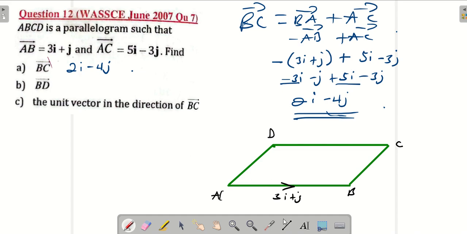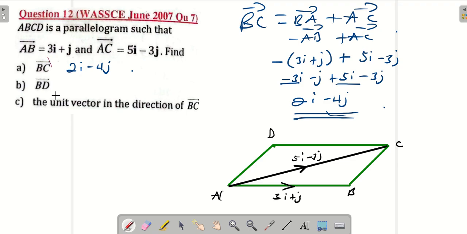Okay, so AC is what? Five I minus 3J. So we have to find BC. So we have done the BC, is that right? But we know that BC is the same as this and this. Good. We are done with the BC.